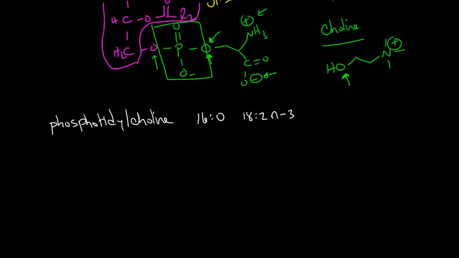So phosphatidylcholine. This is the common name of a phospholipid that's made with the polar head group choline. If the polar head group happened to be serine, it would be called phosphatidylserine. The phosphatidyl part tells you that it's a phospholipid.